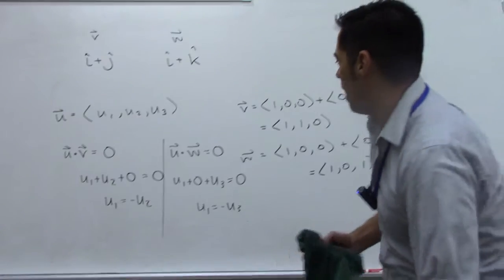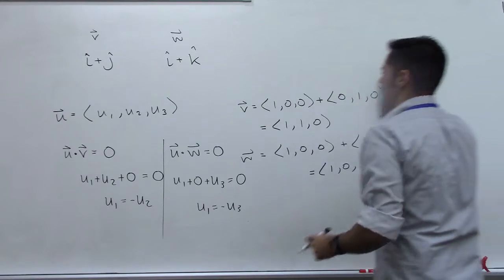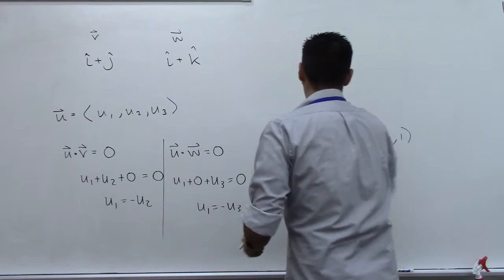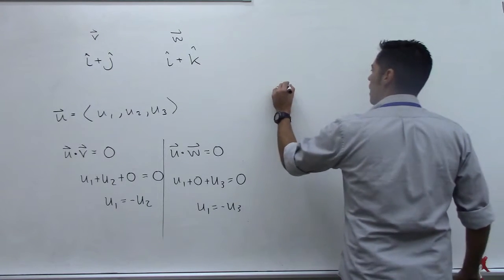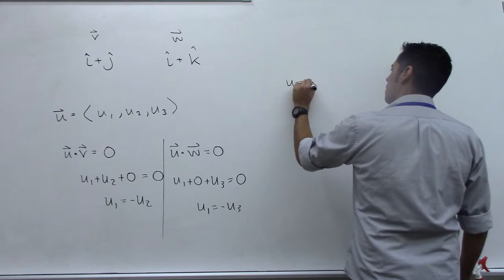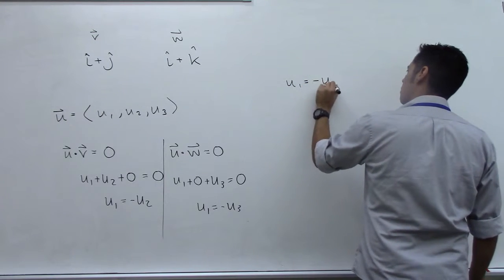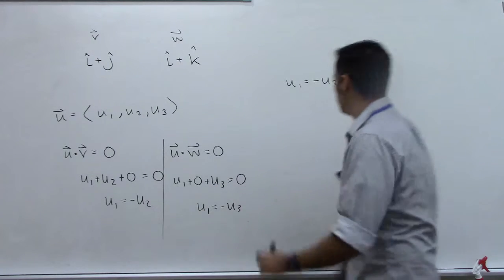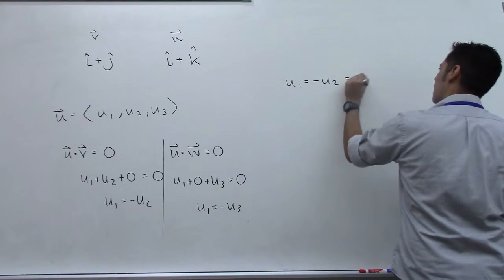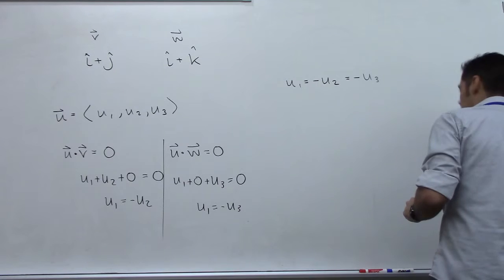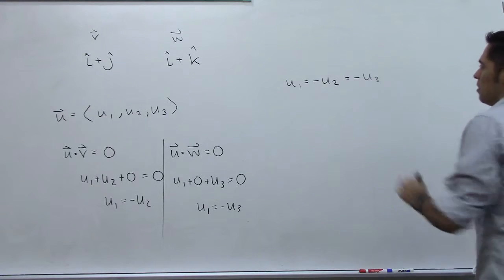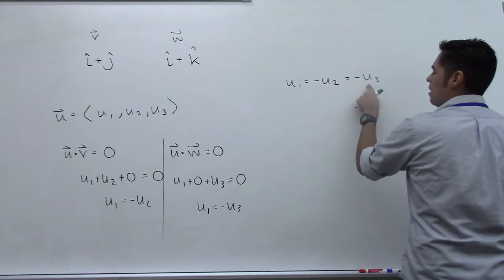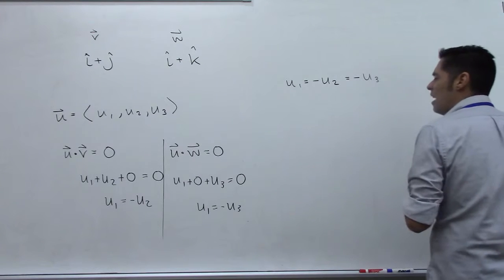All right, so here's what I have so far. In order for this to work, my u1 must be equal to negative u2, but it also must be equal to negative u3. So these two have to be exactly the same, and this has to be different in sign.